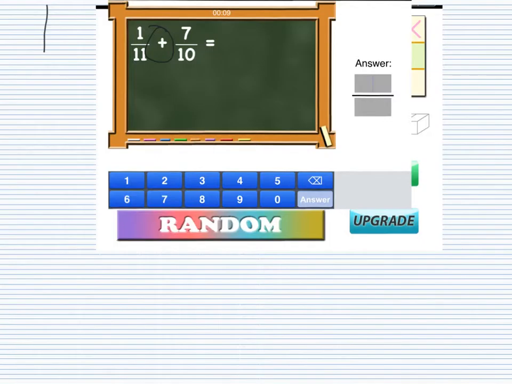But throughout the whole random tab, it won't just be adding. It can be adding, subtracting, multiplying, or dividing. So the students don't know which one they will get until they get the answer right from the question before. And as I've said in every other slide, the students can see their answer to the right, and they also have the keyboard down below.